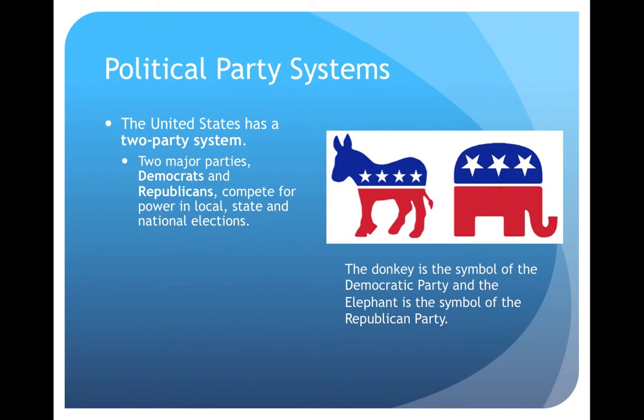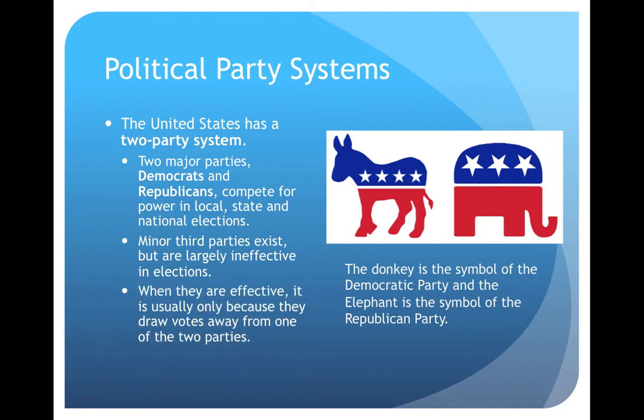Two major parties, the Democrats and Republicans, compete for power in local, state, and national elections, the donkey being the symbol for the Democrats and the elephant, the Republicans. Minor third parties exist, but are largely ineffective in elections. When they are effective, it is usually only because they draw votes away from one of the two parties.